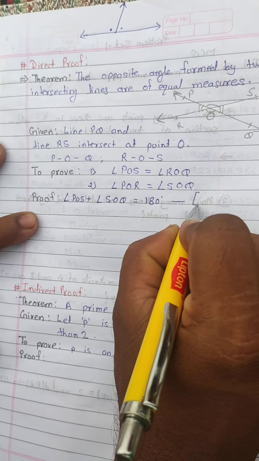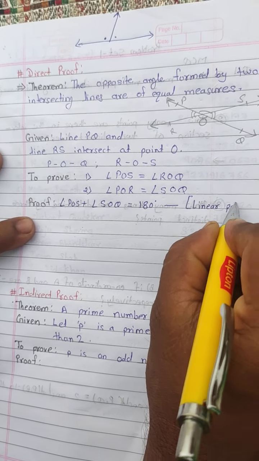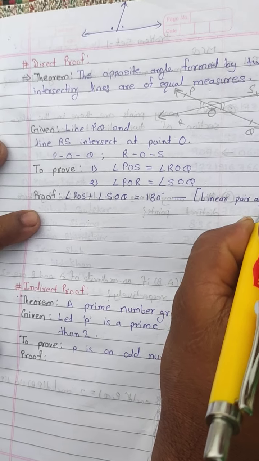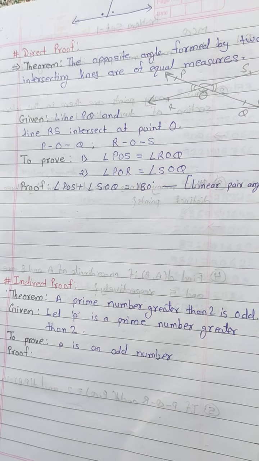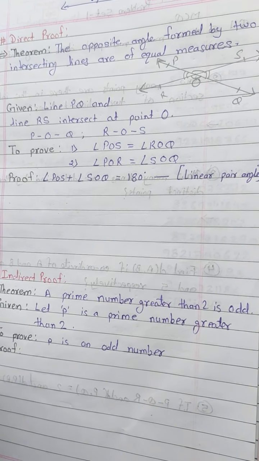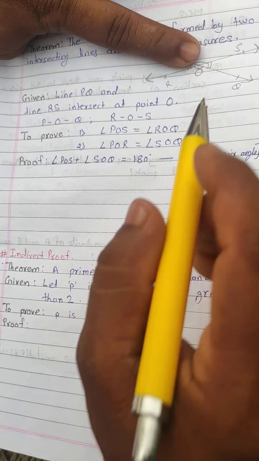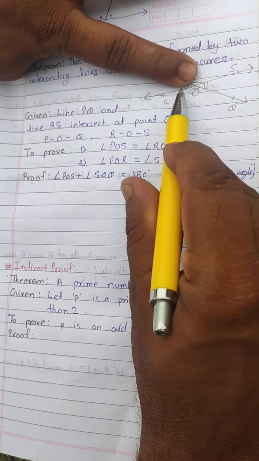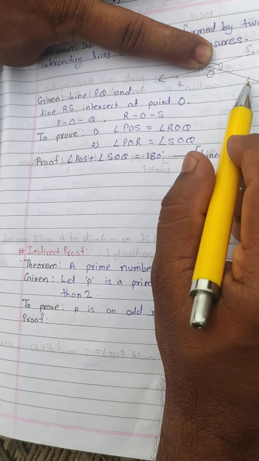Its reason is what? Linear pair of angles. You all know the sum of a linear pair of angles is 180 degrees. Similarly, we can write this also. OS and OR are opposite rays and OQ is a common arm.